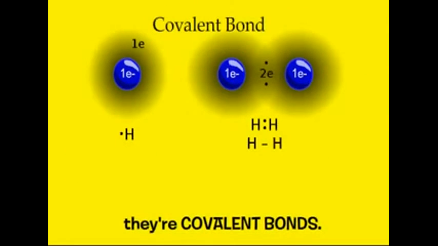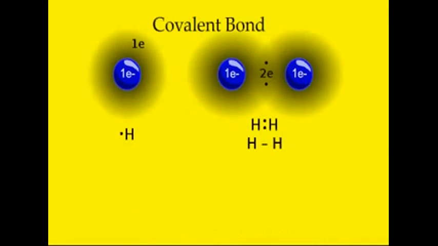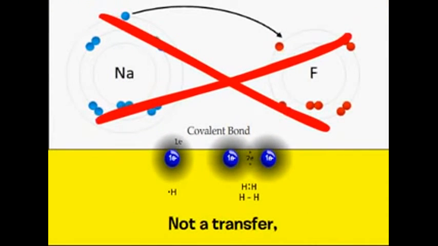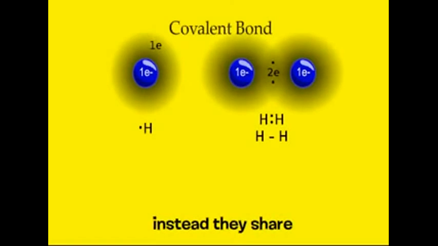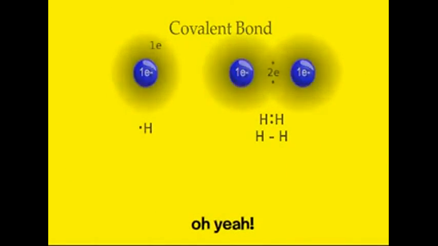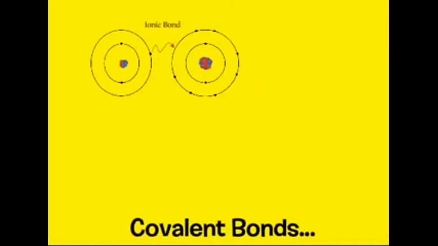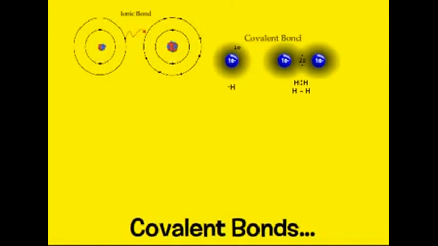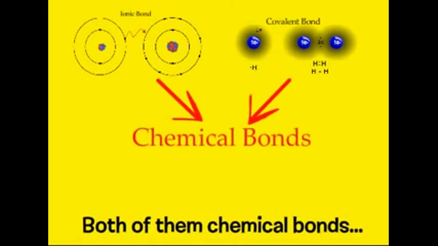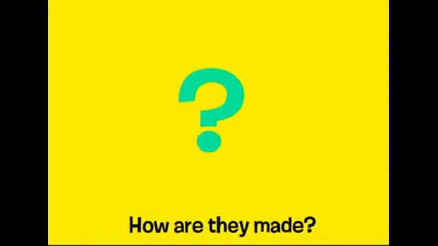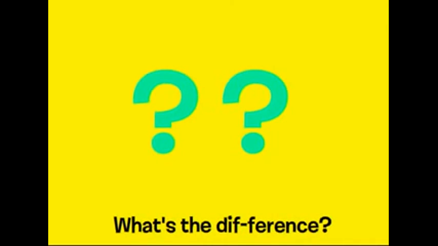They're covalent bonds, not a transfer. Instead, they share valence electrons. Oh yeah, ionic bonds, covalent bonds, both of them chemical bonds. How are they made? What's the difference? Play the song again.